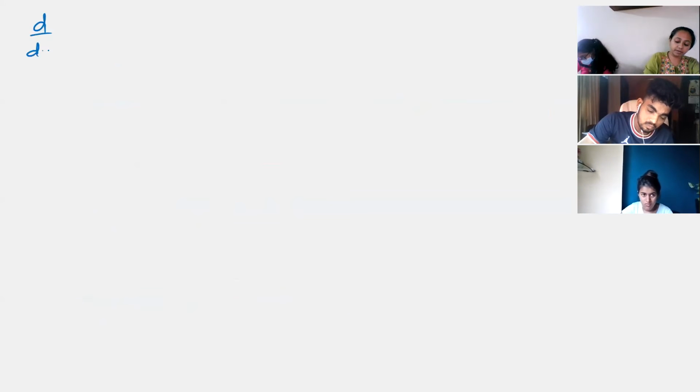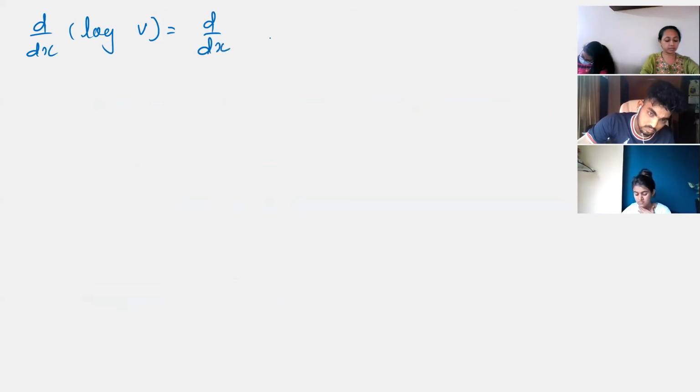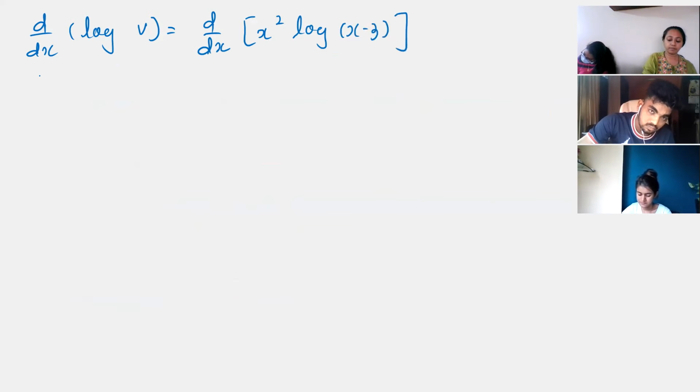It's d by dx of log v is equal to d by dx of x² log of (x − 3). It is 1 by v into dv by dx. This is simple, left hand side. Right hand side, I am applying the product rule.